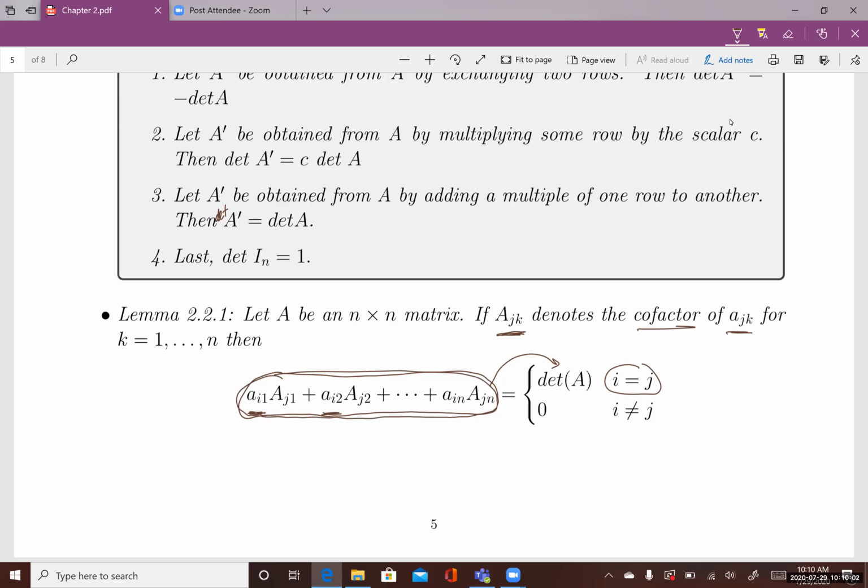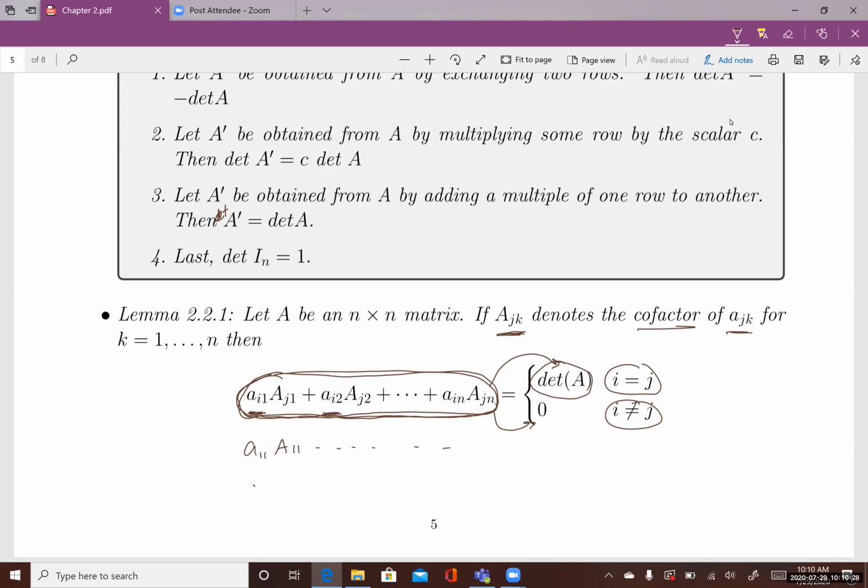But if i and j are different, then the sum of the products here will be 0. Again, big A is a cofactor of little a. So if i and j are the same, for example little a_11 and big A_11, then this is the formula of the determinant.